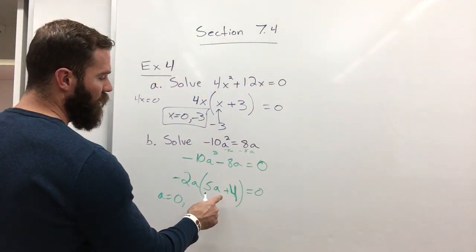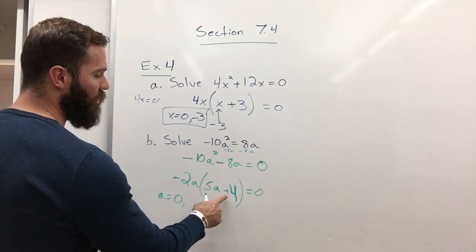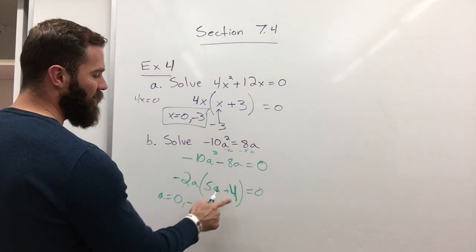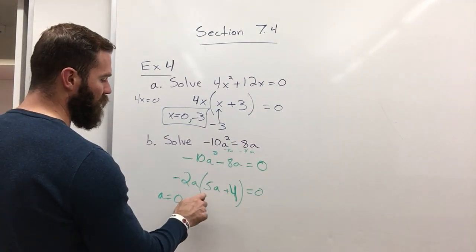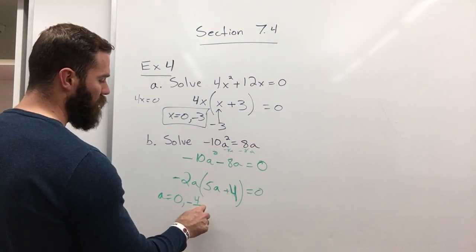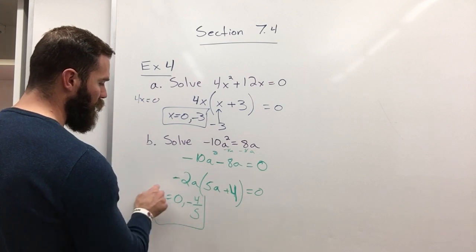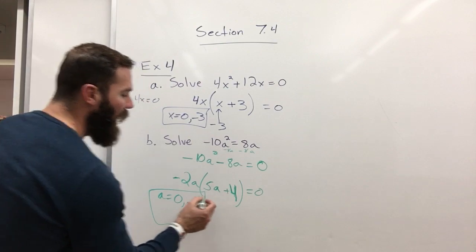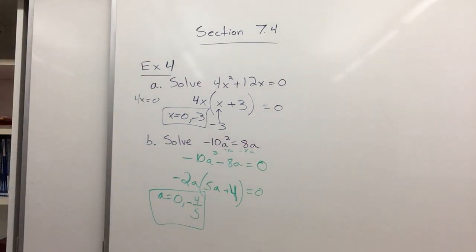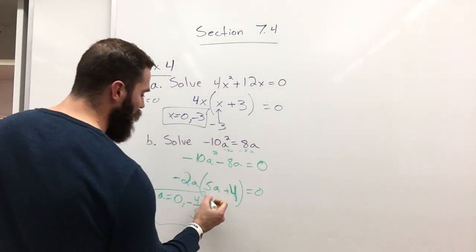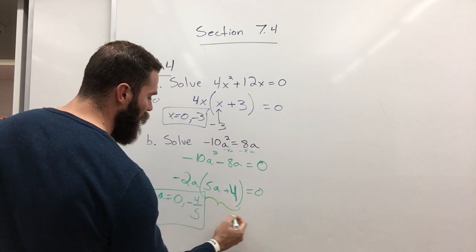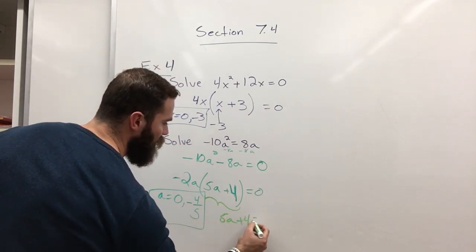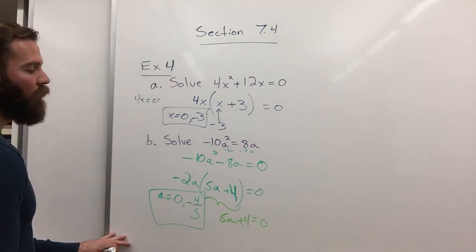If I have a positive, I know my answer is going to be negative, and it's going to be this number over this number. Those are my roots. And if that's still challenging, you can just take this part, this binomial right here, and set it equal to 0 and then solve for it.